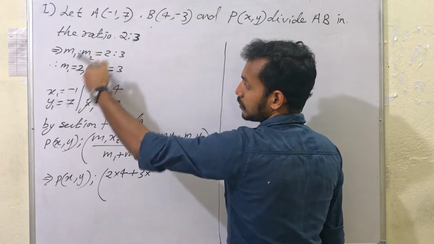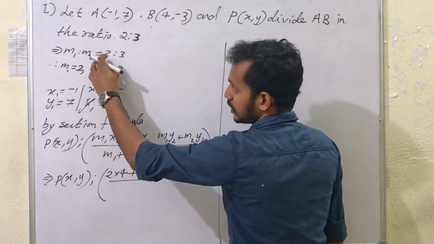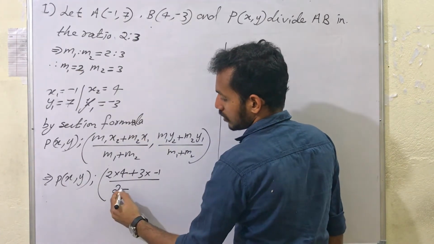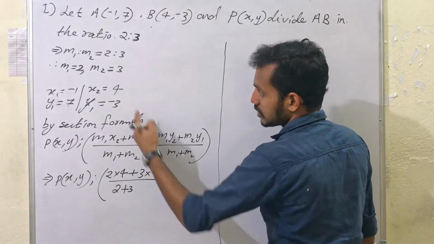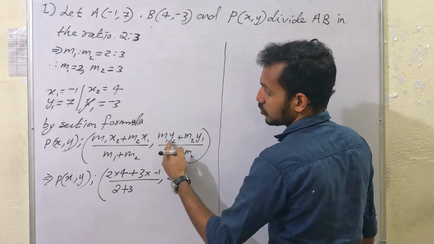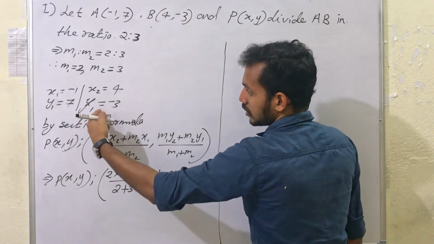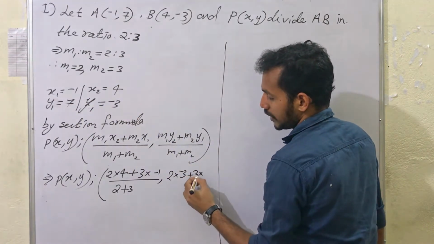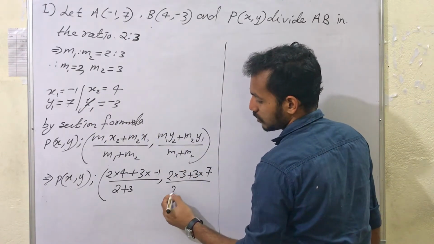X1 is equal to minus 1, divided by M1 plus M2 which is 2 plus 3. Comma. What will be the Y coordinate? M1 is 2, into Y2 which is minus 3, plus M2 is 3, into Y1 which is 7, divided by 2 plus 3.